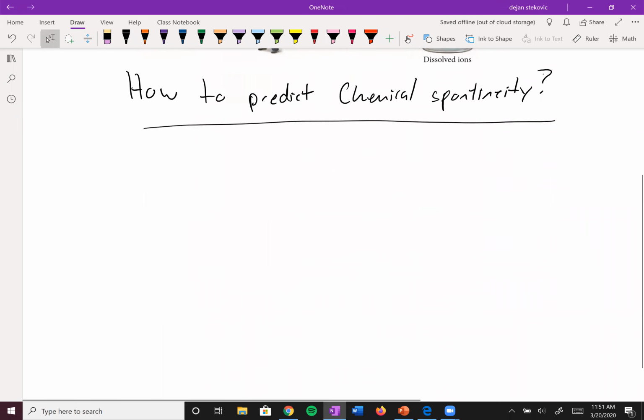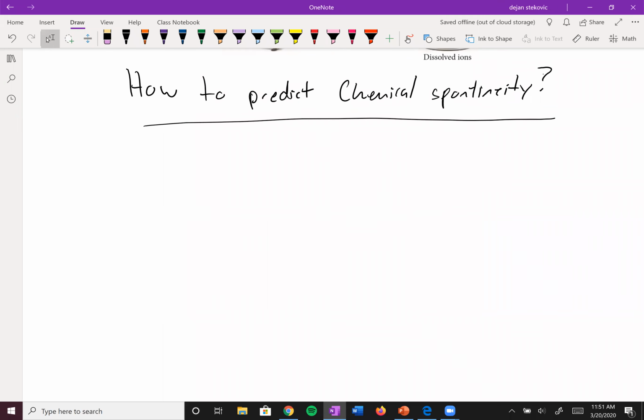So there's a couple of different candidates you can start looking at to see if it determines spontaneity. And the first one you might think about is enthalpy, right? Is that what the chemical potential is? And so it is true that exothermic reactions are more likely to happen spontaneously.